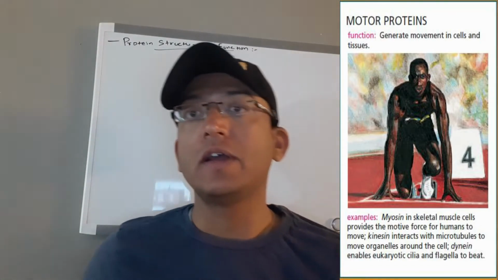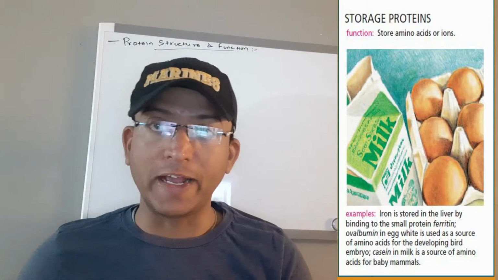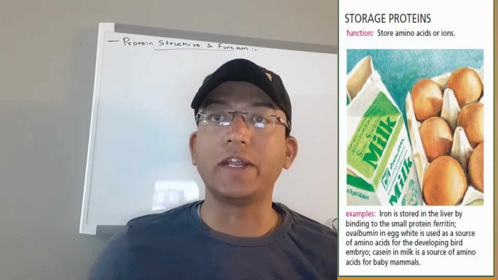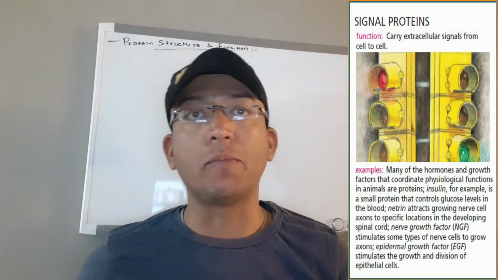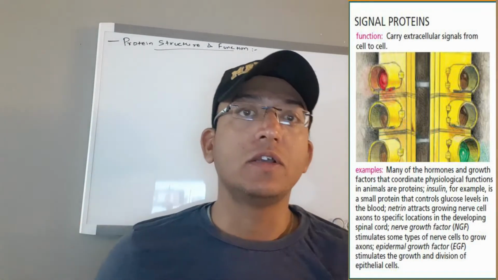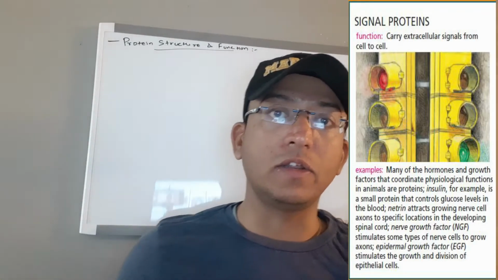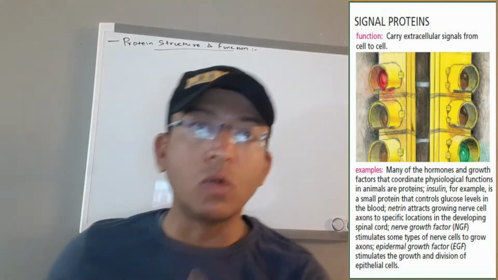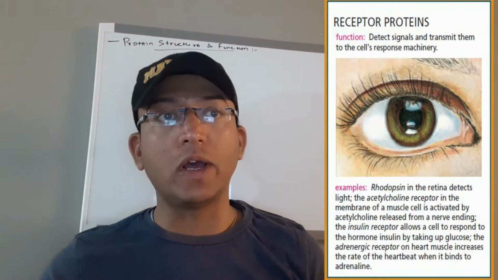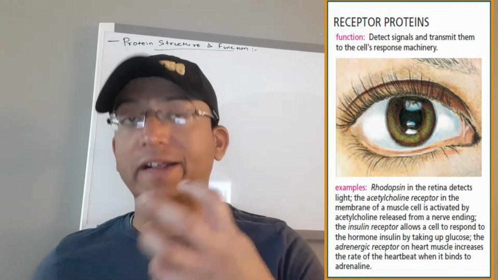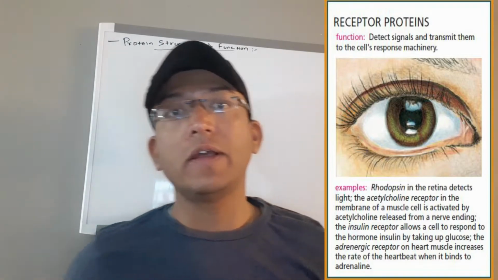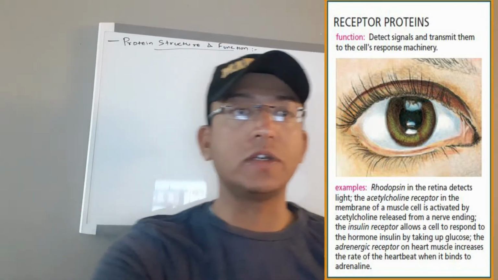As you can see, there is a storage protein as well that stores amino acids. The example is the small protein ferritin. There are signal proteins as well that carry extracellular signals from cell to cell. The example is insulin, a small protein that controls glucose level in the blood. There is receptor protein as well, that detects signals and transmits them to the cell response machinery. The example is rhodopsin.